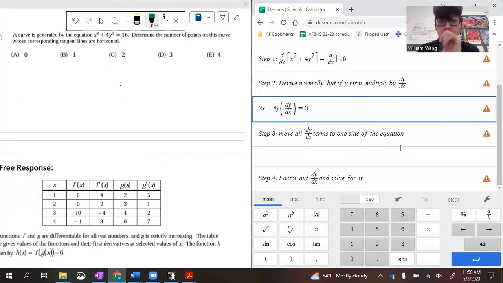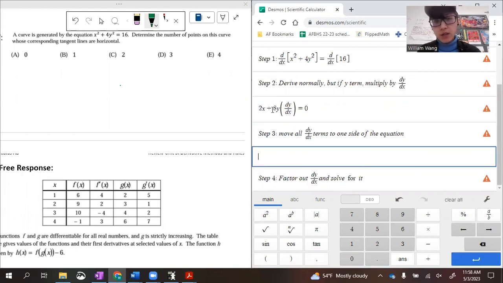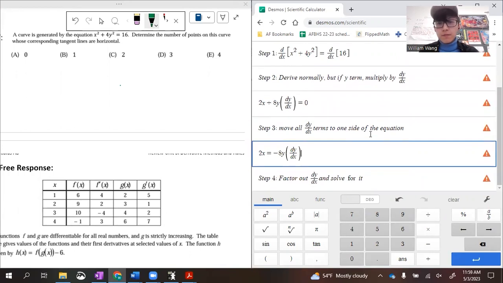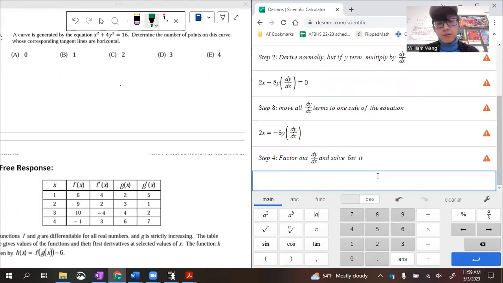All right, then I move all dy over dx terms to the other side of the equation. That means 2x is equal to negative 8y dy over dx. Okay, I'm going to factor out dy over dx and solve for it.